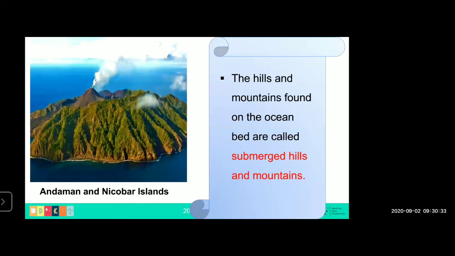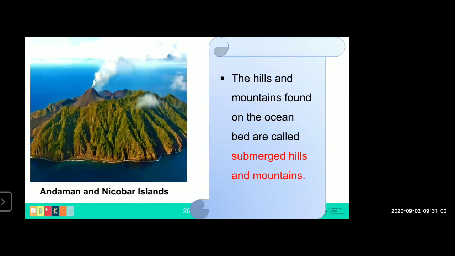There are many submerged mountain ranges on the ocean floor. The Mid-Atlantic Range is the longest continuous range, extending up to 65,000 kilometers.